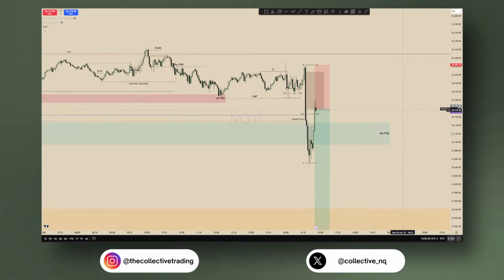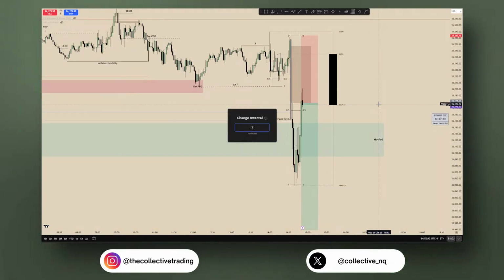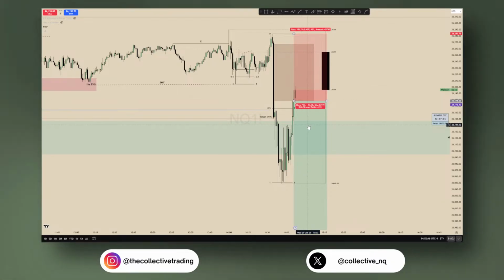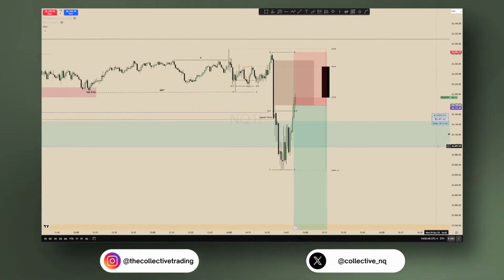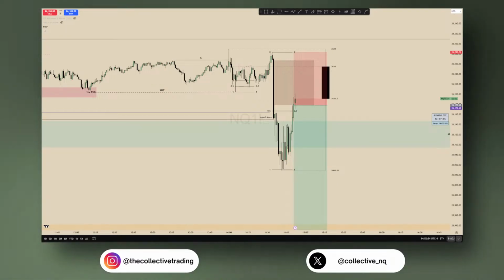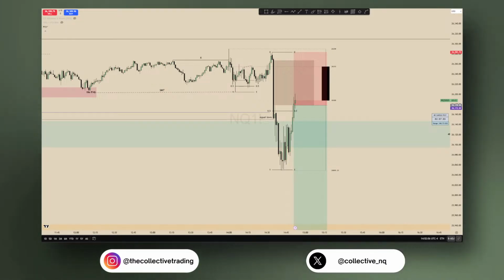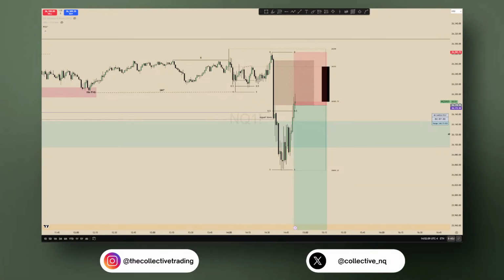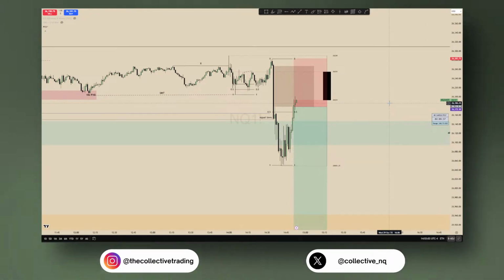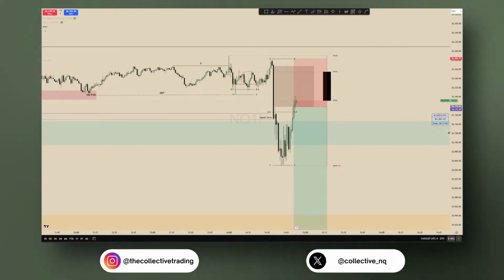So now what I'm looking for is a 1-minute bearish inversion. I'm going to get in full size there if that happens. That 50-minute candle pretty much engulfed that entire down move. We're going to form a 2-minute gap here. Nice 2-minute gap.